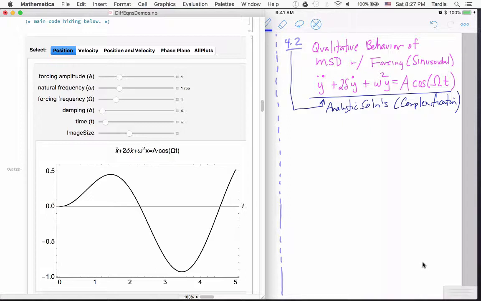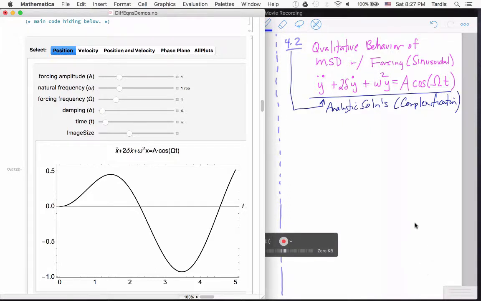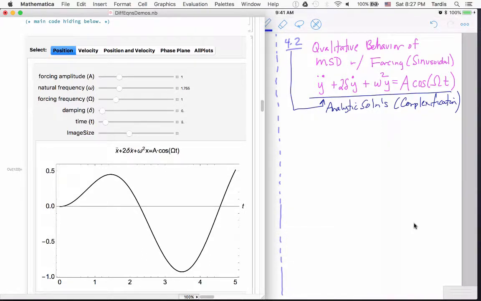They can have exponentials, so they can have damping. There could be some steady state in the solution. So in 4.3 we are trying to get an idea about the qualitative behavior.